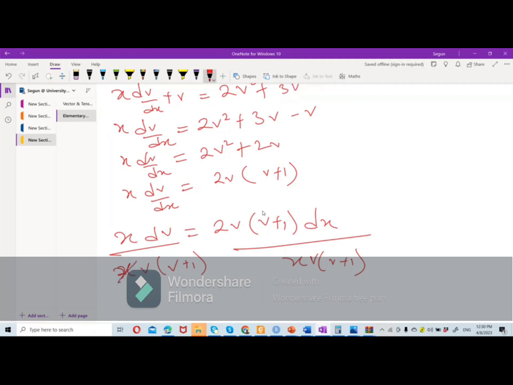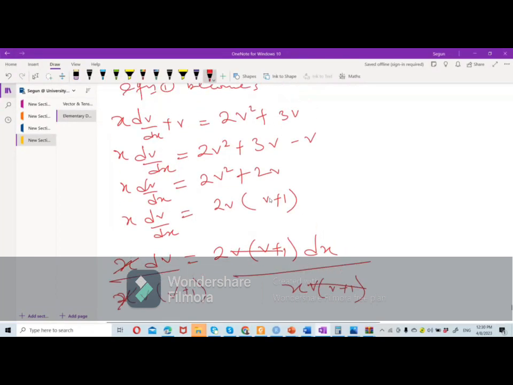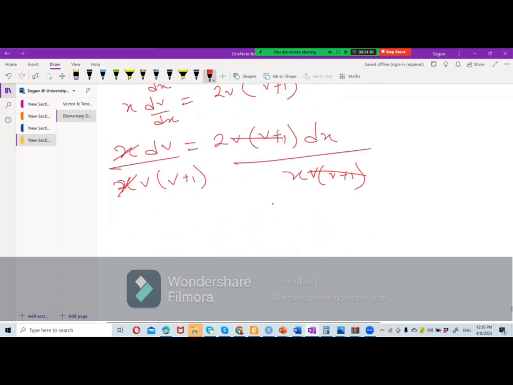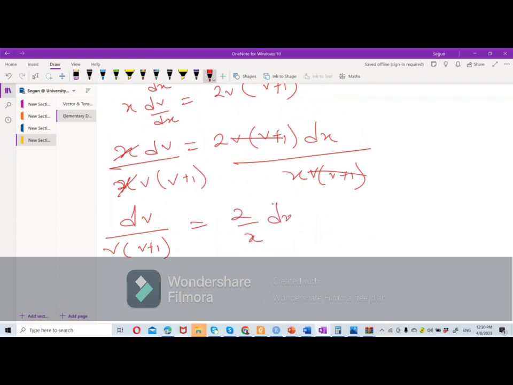Here x cancels x, and here v dv cancels v dv. So now we have dv over v into v plus 1 equals 2 over x dx.